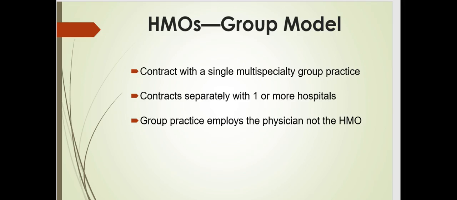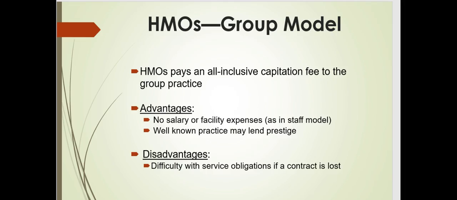Advantages of the group model, which I'm going to explain on the next slide, include leverage regarding financial terms and utilization controls, since the HMO brings a block of business to the group practice. Second, avoiding large expenditures in fixed salaries and facilities.